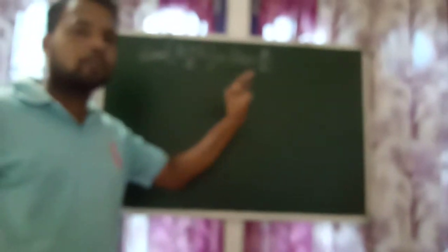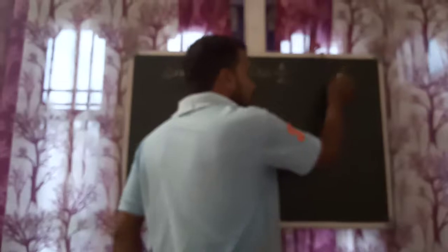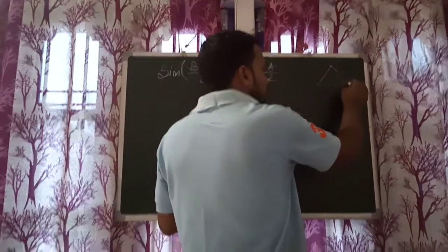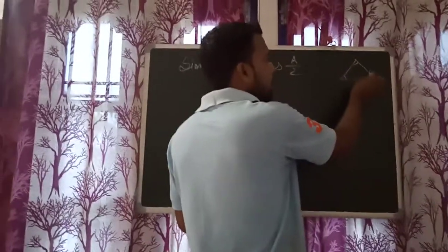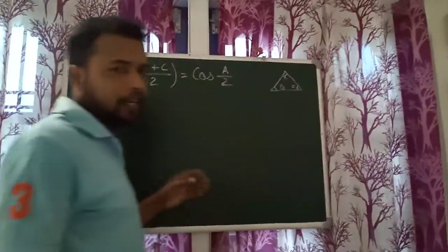Then they are telling A, B and C are 3 interior angles of a triangle. That means this is a triangle, these are interior angles, suppose this one is A, this one is B and this one is C, they are telling like that.